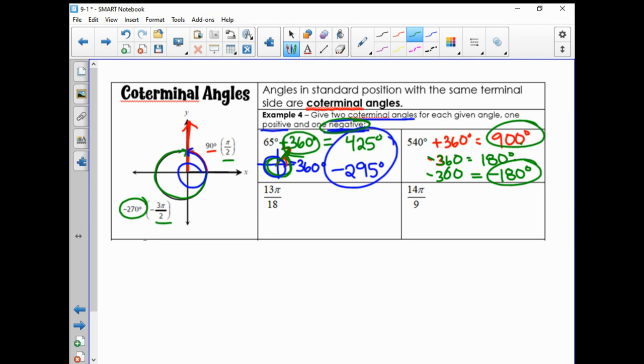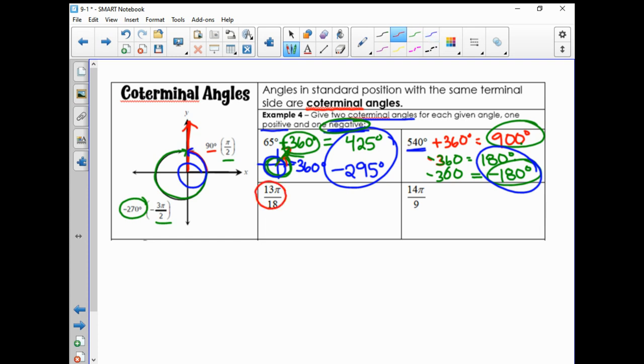Okay, you could also just use these two. If you saw that it was going to be bigger than 360, you could use the 180 and the negative 180. So any of these angles, as long as one of them's positive, one of them's negative, and they end the same place as the angle that they gave you. All right. The next 2 examples right here, notice they are written in radians.